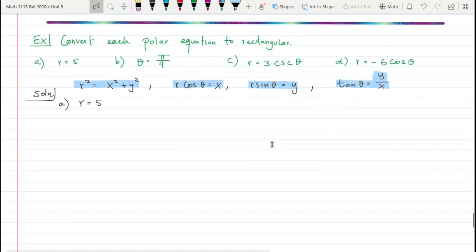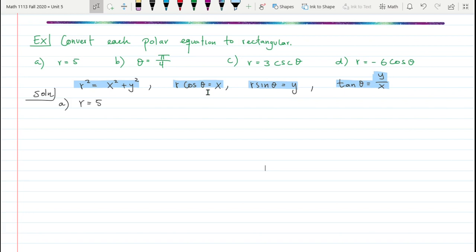Now, this one has an r equals 5, and that has an r, this has an r, and you say, well, do I just plug it in, and does that give me an equation in terms of x or y? No, the problem is that you would need a theta as well, right? And we are not given a theta, at least in example A.